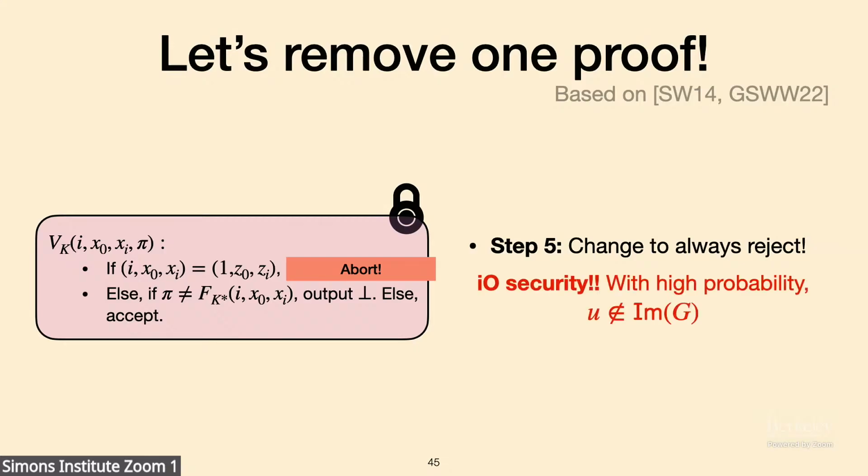Because with high probability, since I sampled u randomly, it's not in the image of this PRG. I should have said g is a length doubling PRG. So most strings are not in this image, so I can just do this randomization and get rid of the proof. So this is how you do it for one proof. Okay, I went a bit fast, but this is standard I/O gymnastics. It's very unintuitive, but yeah, this is how you do it.